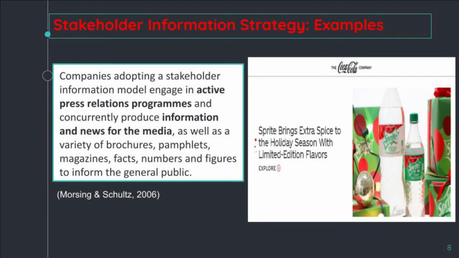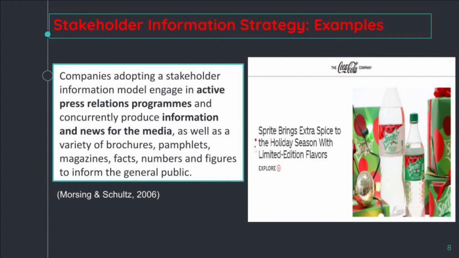For Coca-Cola, this means communicating, let's say, the launch of a new product, the promotion of a new community initiative, or the release of a Super Bowl ad. So these messages are news from the Coca-Cola company.